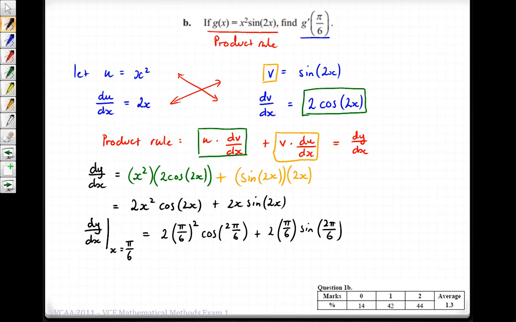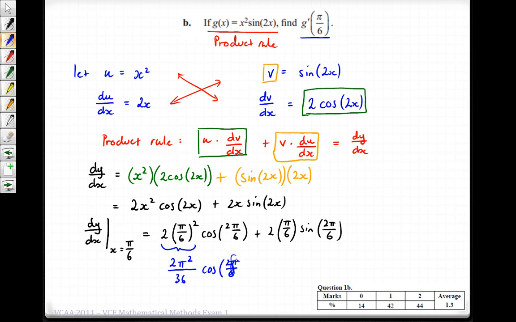So now we've just got an expression, and we're going to need to use our triangles and other trig tricks to be able to evaluate this. So again, let's just go through one more step of cleaning up. For this little bit here, we're going to have 2 pi squared on 36 multiplied by cos of 2 pi on 6.